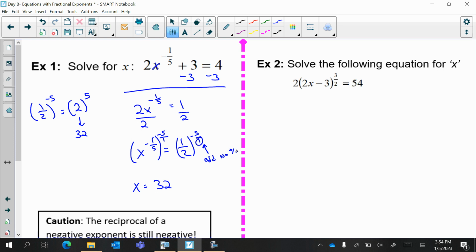So remember, if you have an even root, such as the square root, the 4th root, the 6th root, or the 8th root, you need a plus or minus in your answer. But if you have an odd root, such as the 3rd root, the 5th root, or the 7th root, you don't need a plus or minus in your answer. So you always have to remember to look at the denominator to know if you're really taking an even root, to know if you need a plus or minus. And I know that's hard to remember.